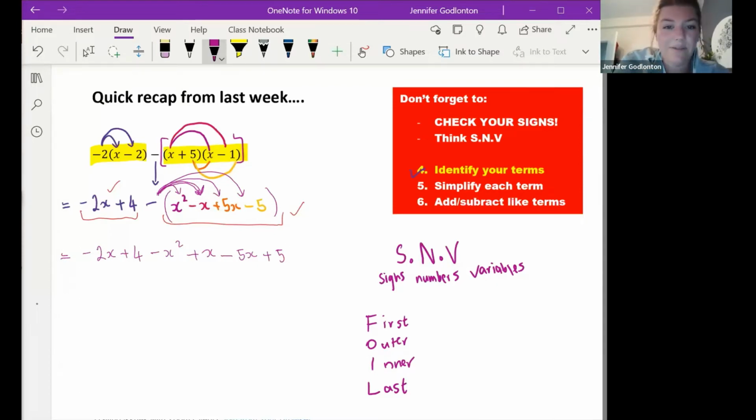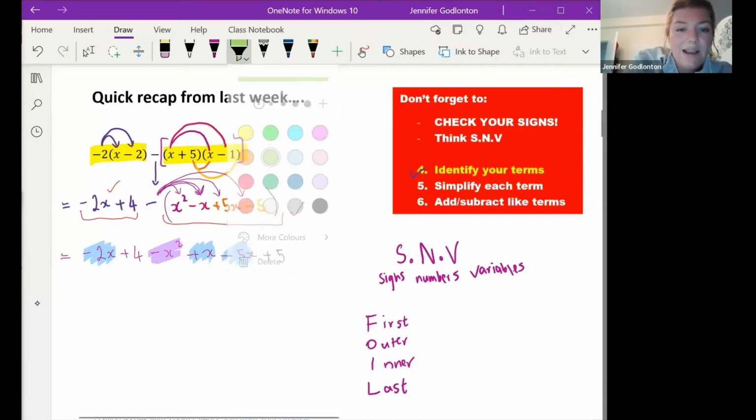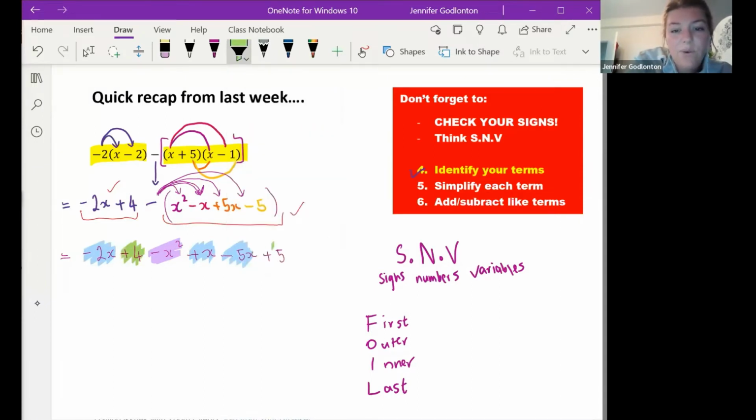Now we have simplified each term. Last step, we want to add and subtract our like terms. So that means we need to find our like terms. I've only got 1 x squared, it's all by itself. My x's, I've got -2x, positive x, and -5x. And then my numbers, I've got +4 and +5.